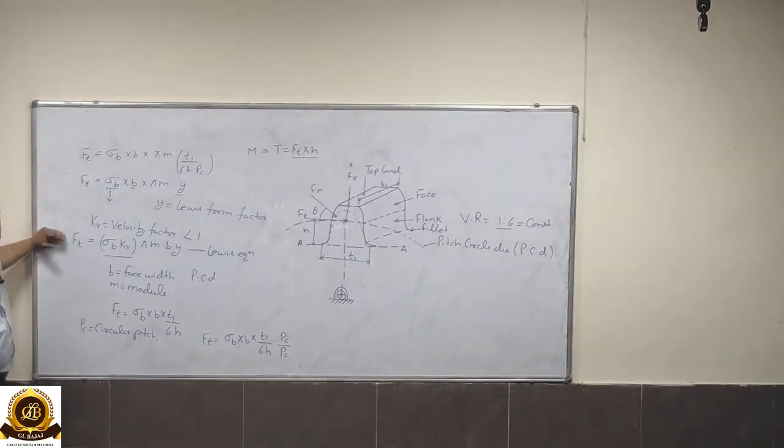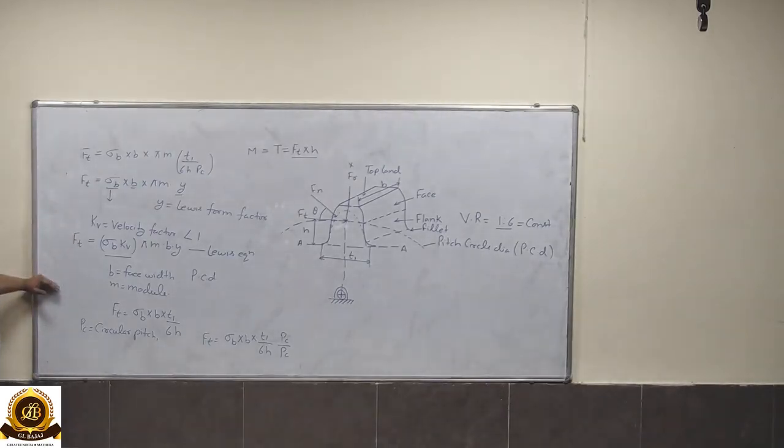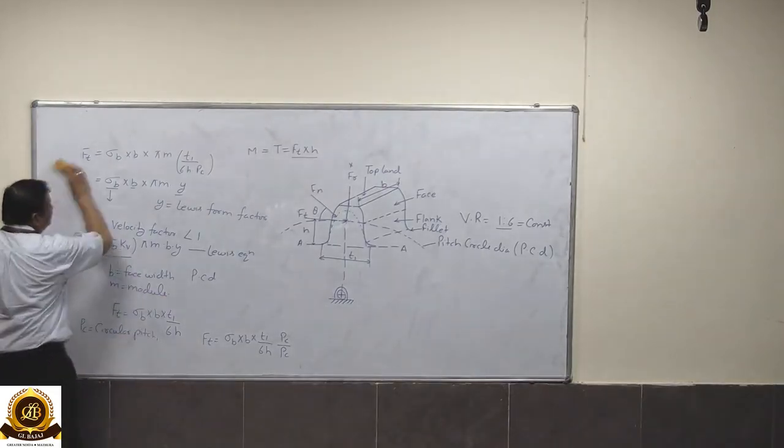This was the bending failure criteria, then the second is the surface failure criteria. Now what are these criteria? Let us see one by one and see the importance of these criteria.